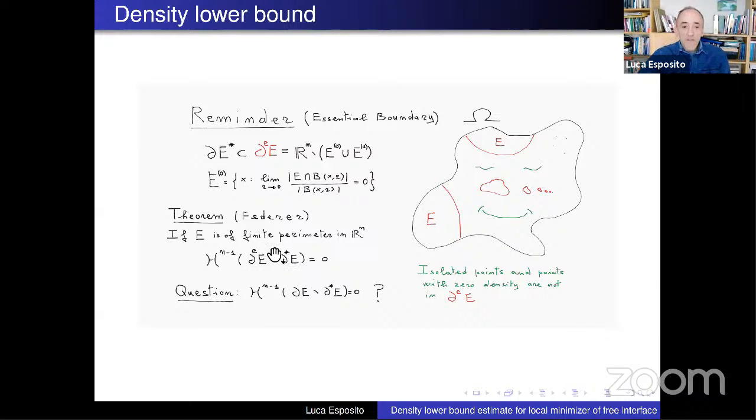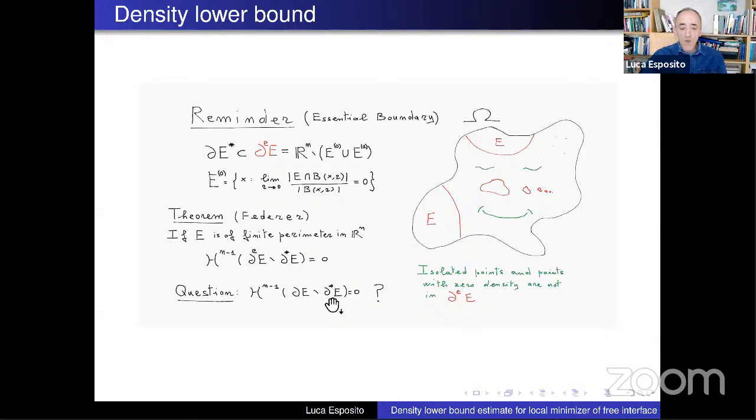And further theorems tell us that the difference in measure between the essential boundary and the reduced boundary is zero. One regularity question that we will ask in the following is what happens to the difference between the topological boundary and the reduced boundary.